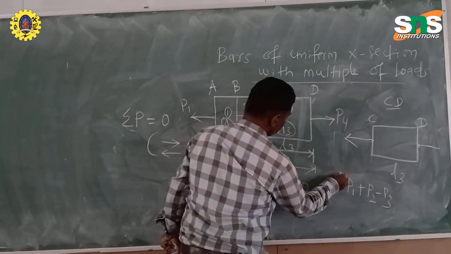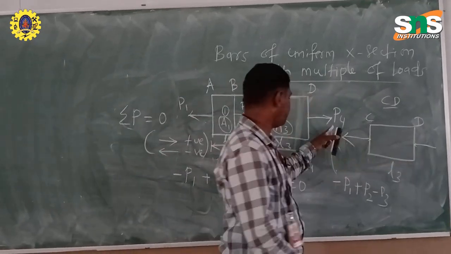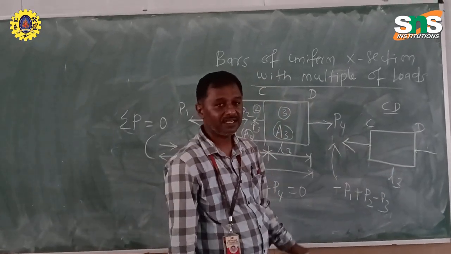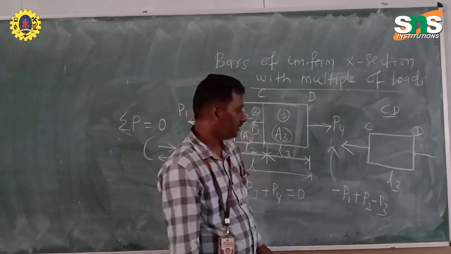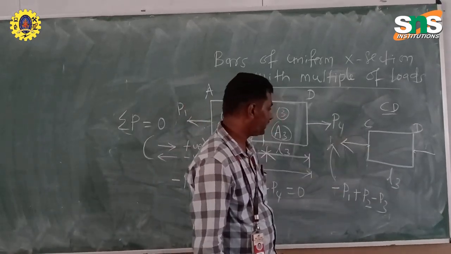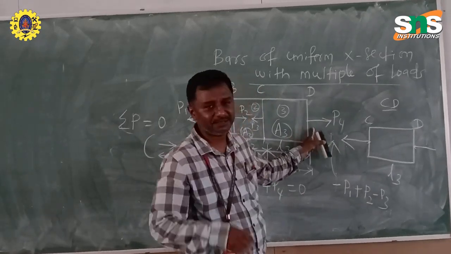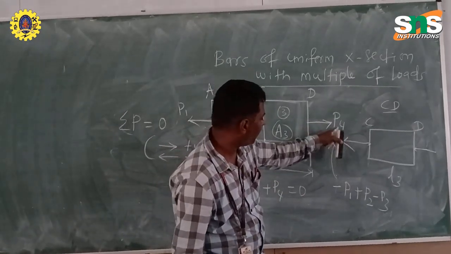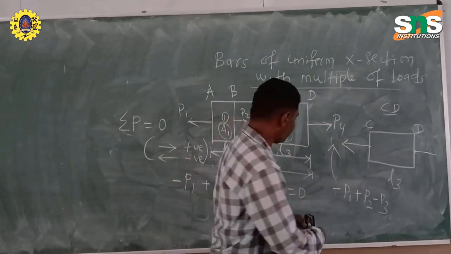So this is the load here, and finally it is equal to nothing but P4 only. Like that we can find the loads at C or D, but immediately we can put the extreme value at D as the same value as C, but in the opposite direction.